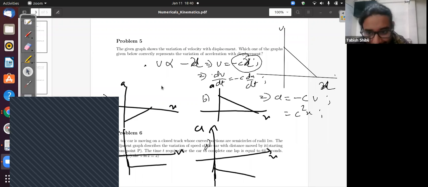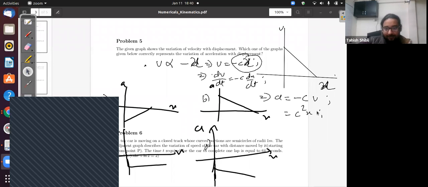No, not C. So which one is it? It is linear and it is going up. So it has to be A, right? Yes sir, it has to be A. Moving on.